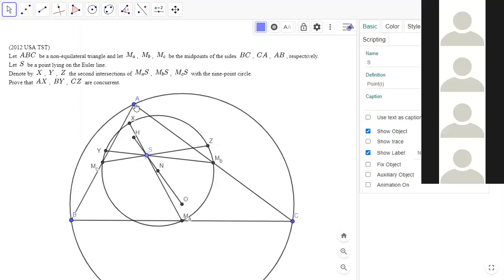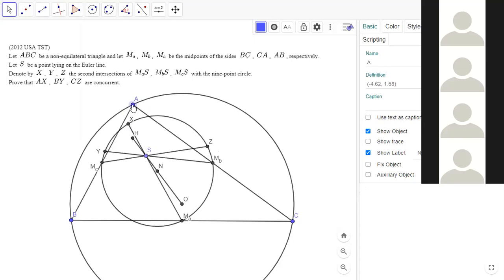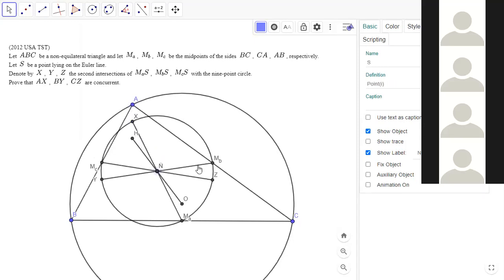Wait, is that right? Did I name everything right? Yeah, I think I did. It just looks weird. Okay, so yeah, that looks better. There we go.